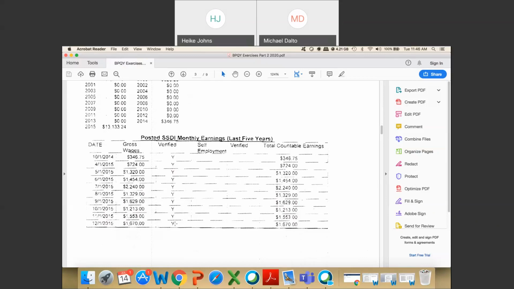So the most recent date was the last posted SSDI monthly earnings month of December 2015.